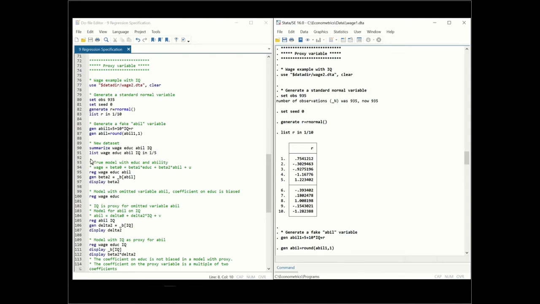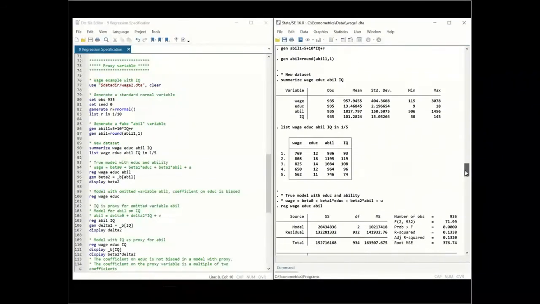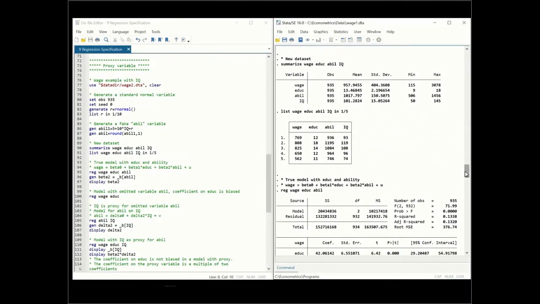So now here I have the new data set, and I can summarize it and list the first 5 observations of this new data set that I created. So these are the summary statistics. I have the mean for wage, education, ability, and IQ. That's how my ability variable would look, and these are the first 5 observations of it.